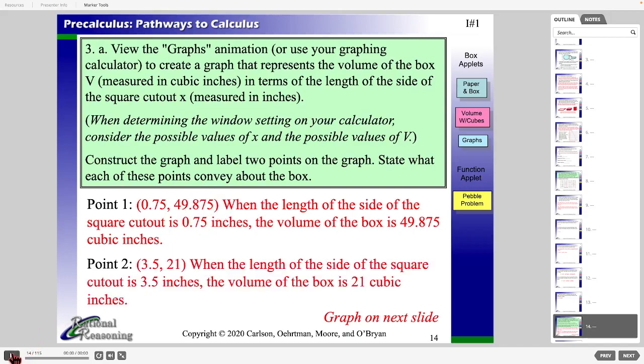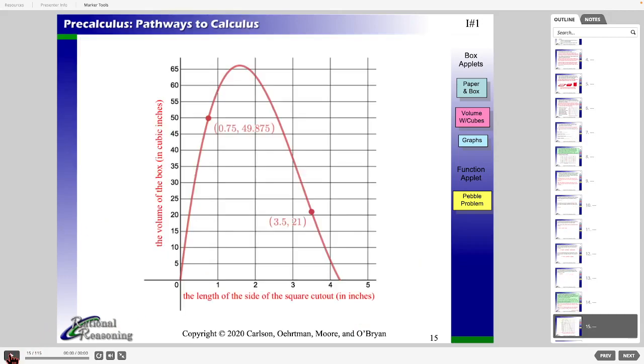We choose another point, say 3.5, that means that the squares being cut out are 3.5 inches, and it yielded a volume of 21 cubic inches. So the x is the amount of the cut, the length of the sides of the square that was cut, and the y value is always going to give us the volume. Okay, so we can see that as we graph it here, we see these various points.